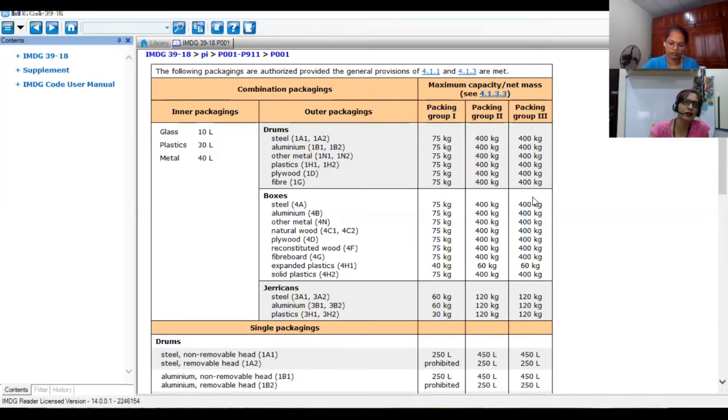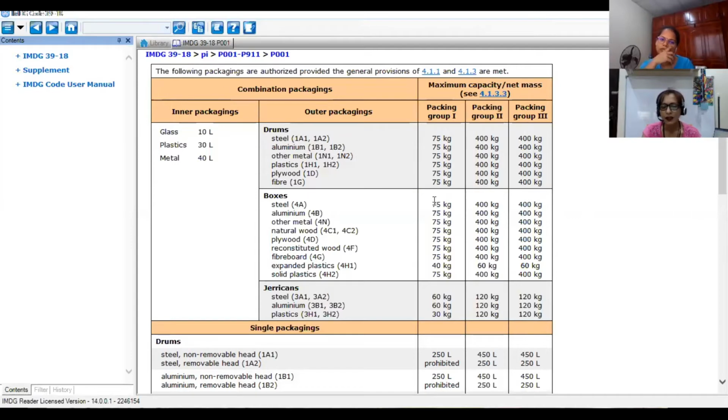They are concerned about its weight, because the weight is usually heavier than the volume of these kinds of substances. So when you look at P001, despite it showing you in brackets that it is for liquids, you also see indications of capacity allowances in kilograms.